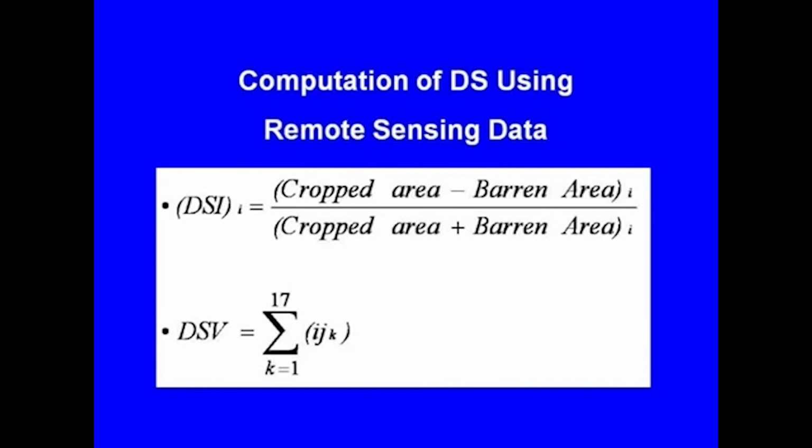And thus, this is an index which takes into account how much barren area is there in comparison to the crop area. If barren area increases drastically, the value of DSI will approach negative values, and that will help us in identifying where the crops have failed, and thus we can say that these are the areas where agricultural droughts have occurred.